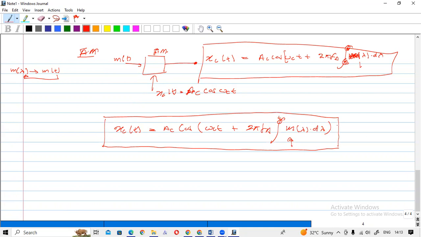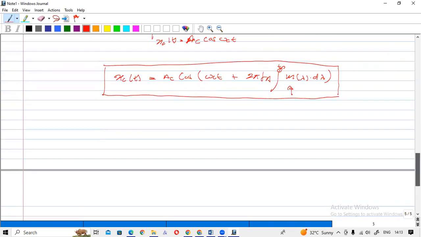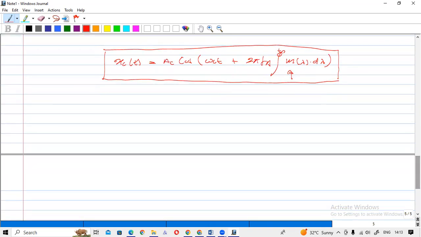And you can see that if we are going to find the spectrum, it will be very complex. So normally we will find the spectrum for narrow band frequency modulation.